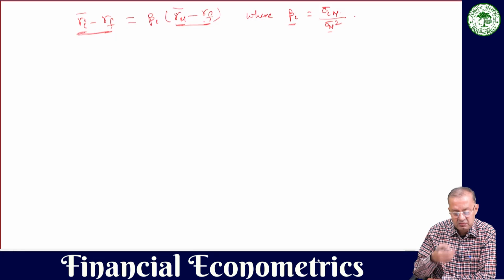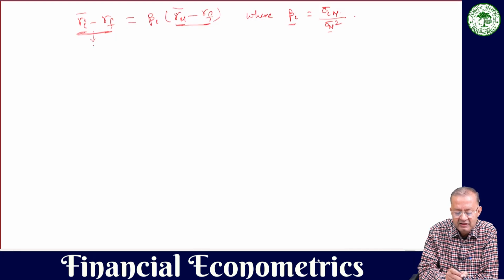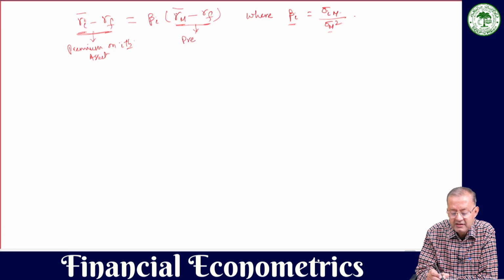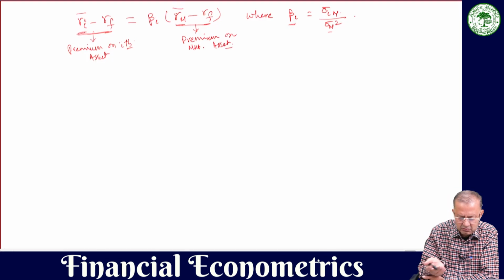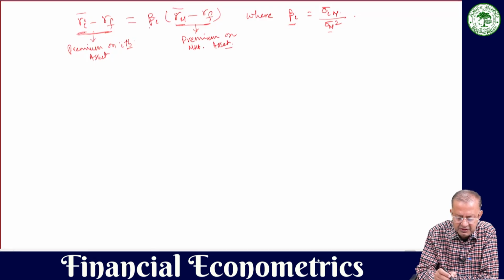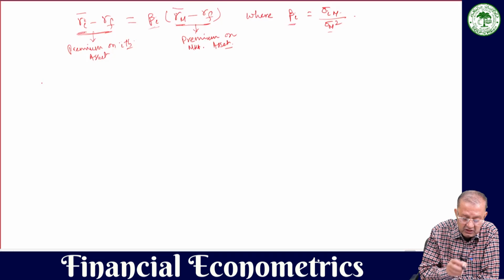So in other words, we can say that this is the premium on the ith asset, and this we can call the premium on the market asset. We will talk about this beta term later on, when we have completed the proof for this equation.